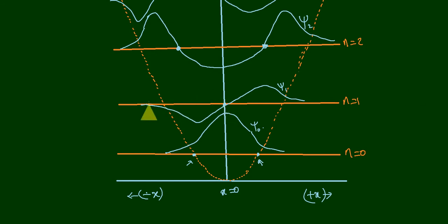So we will get one part of the psi square here and the other part of the psi square here. So the psi 1 square will appear like this.